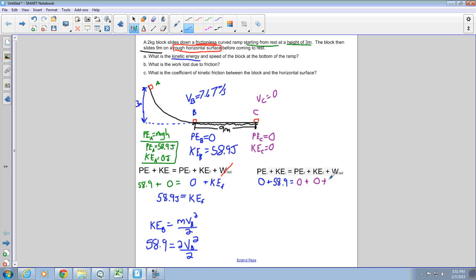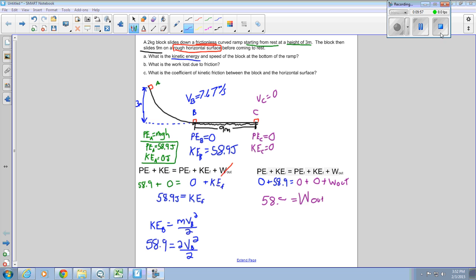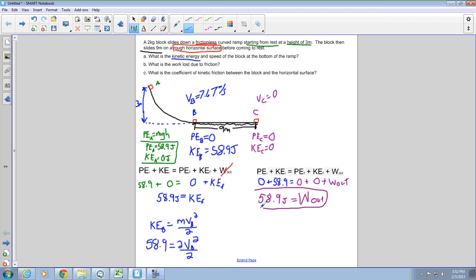Plus whatever the work out or work lost due to friction is. And wouldn't you know it, the work lost due to friction is equal to 58.9 joules. So we've solved part B. There's the answer for B.